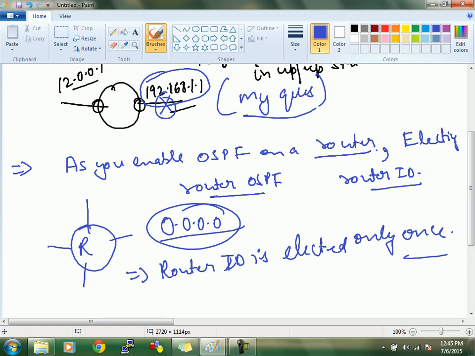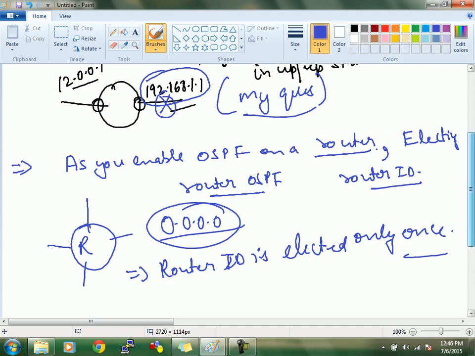This thing is clear? Now, the second thing about router ID, and most people are very much confused with this point, so listen to me carefully. Router ID can be an existing IP address related to an interface, or it can be a fake IP address also.